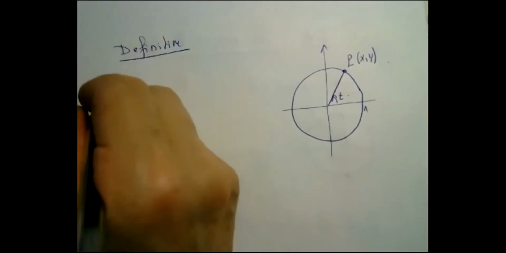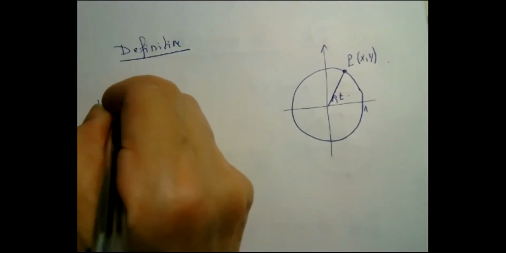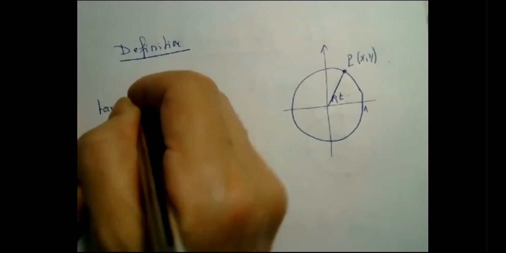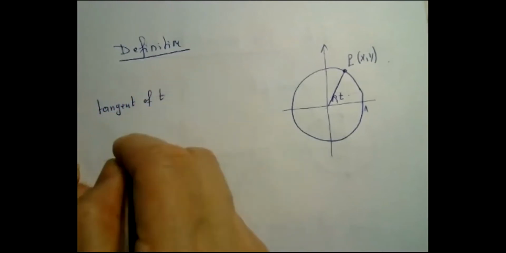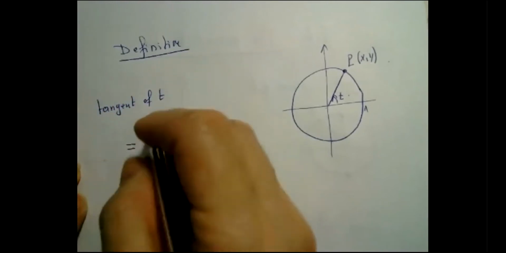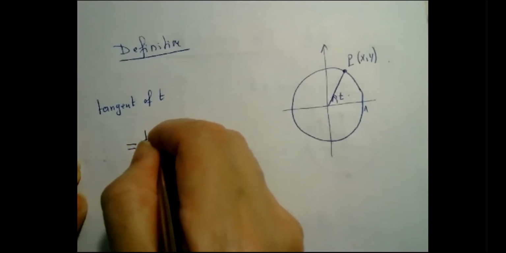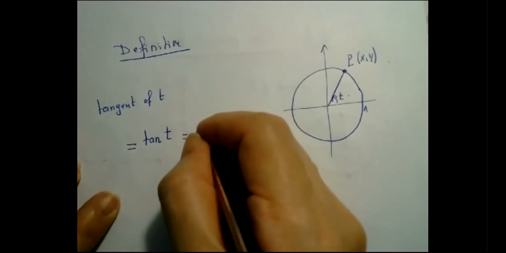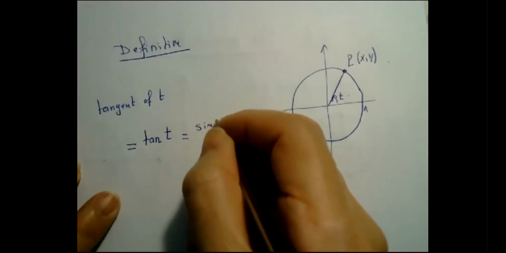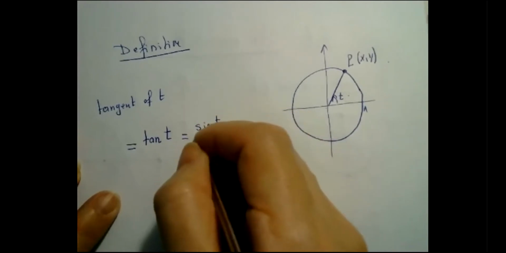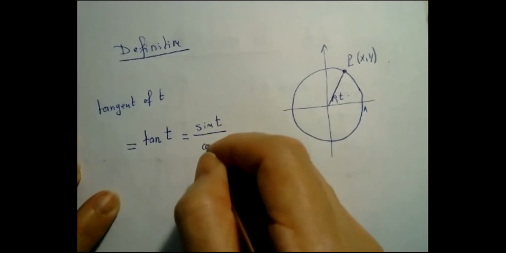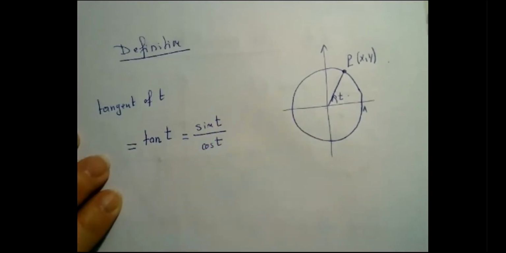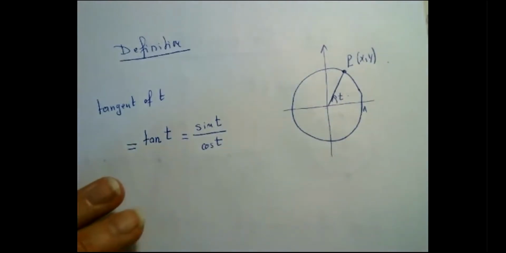Then the tangent of T, which we abbreviate as tan T, is defined to be the sine of the angle divided by the cosine of the angle. So the tangent is defined to be the sine divided by the cosine.